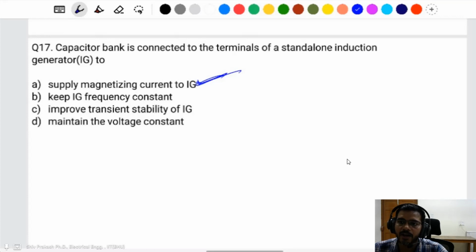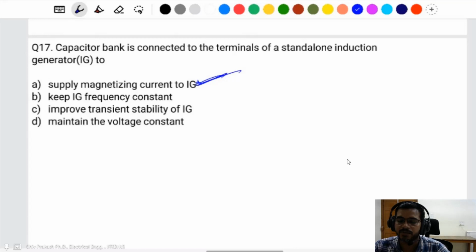Every magnetizing winding requires some amount of current to self-excite. After that, it will work like a magnet and provide a path for the magnetic field, like in a transformer.